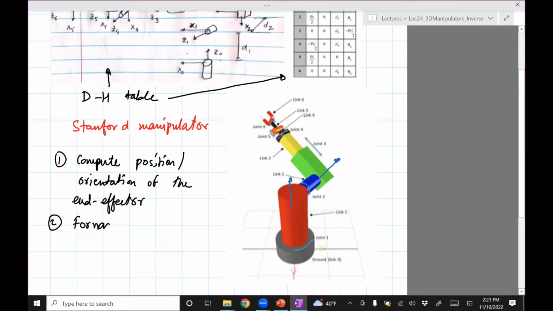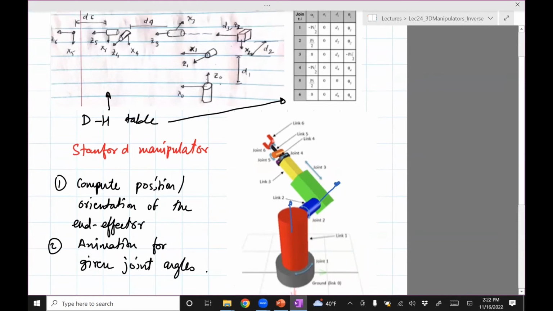We will do a forward, well, we'll do the animation for given joint angles, and you can put any values you want for the 6 joint angles, the 6 links, there are 6 rows in the DH table.